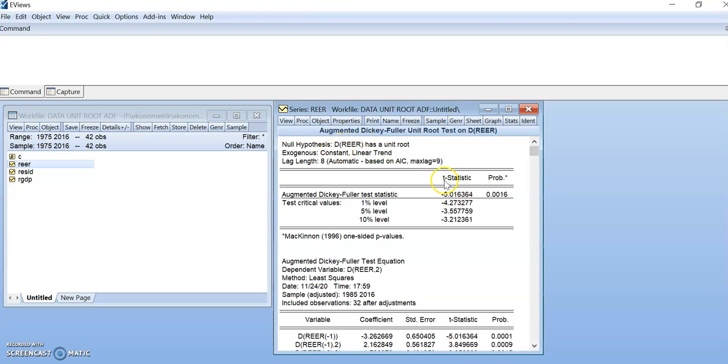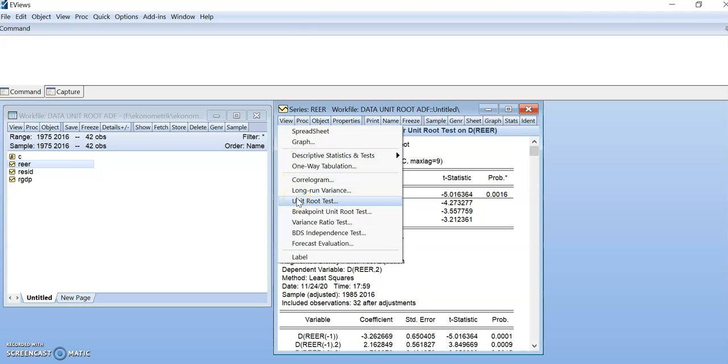Then when we go to the statistic, by ignoring the negative sign, 5.01 is larger than 4.26, 3.55 and 3.21. So we can say that the REER data is stationary at first difference when the random walk model is with constant and linear trend.